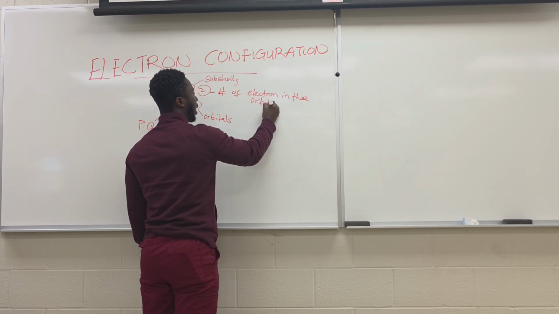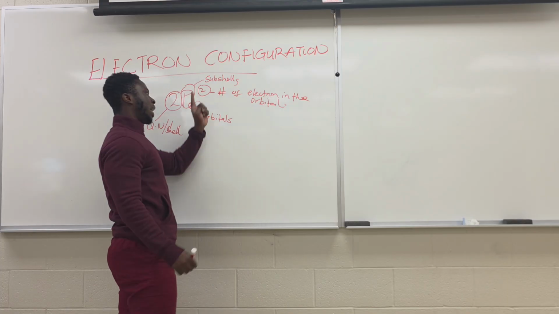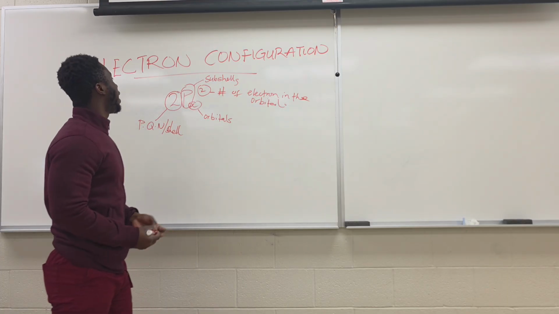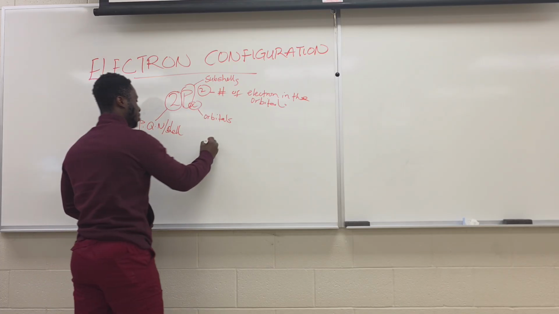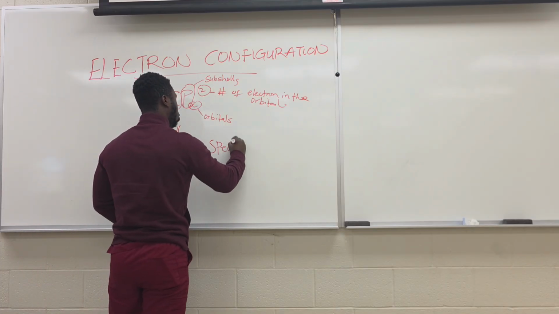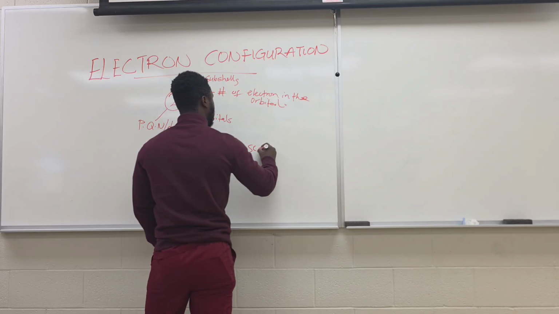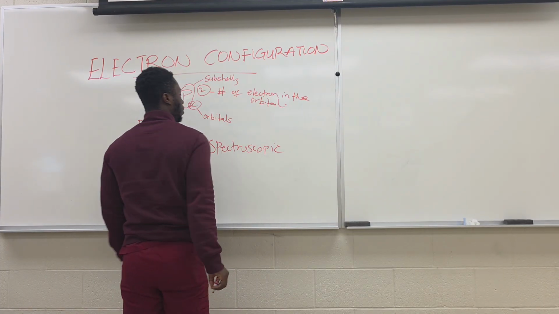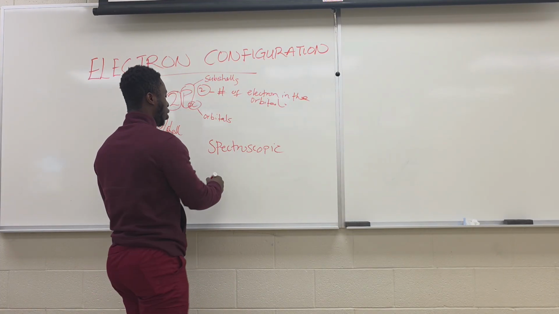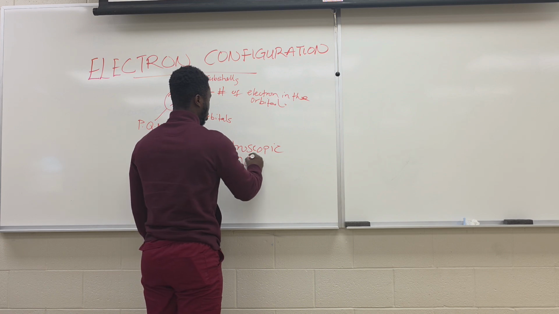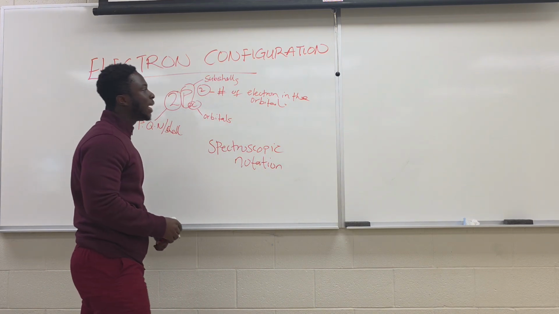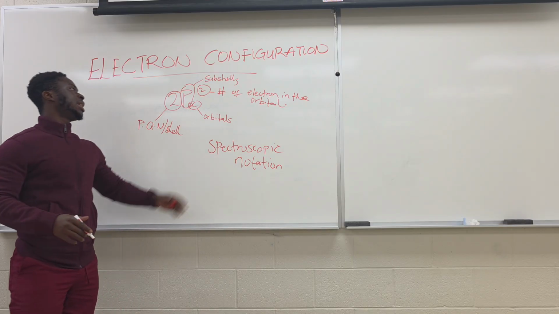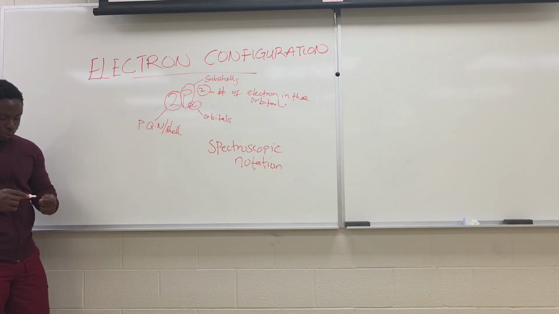In the orbital. That is this 2 here. So now that you know, this is what we call a spectroscopic notation, or presentation. So that is how you represent the electron configuration.